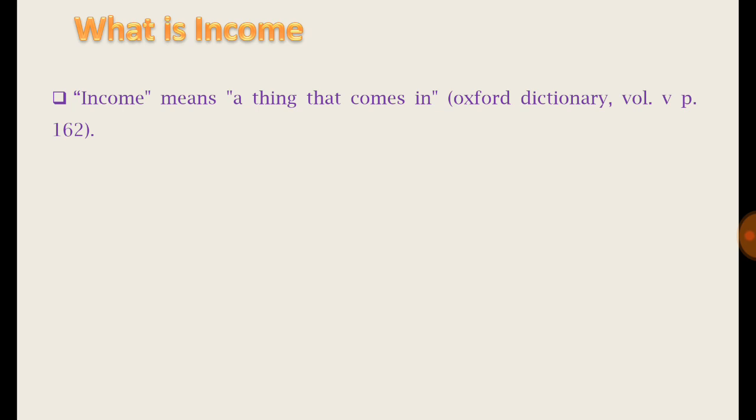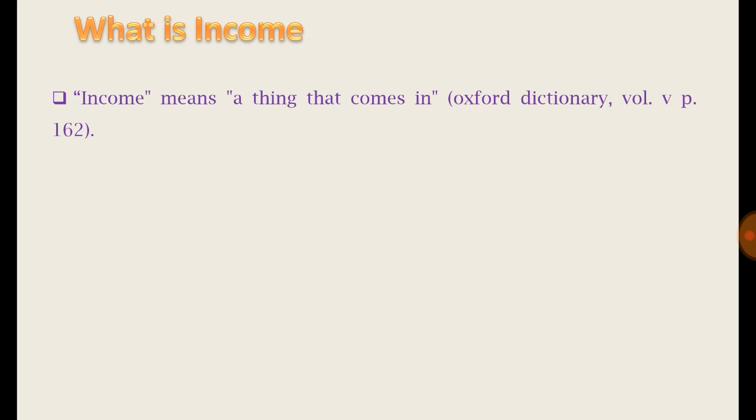Therefore it is called income. Income means the property, money, whatever valuable things come to that person from outside, from other persons. So that can be his income.